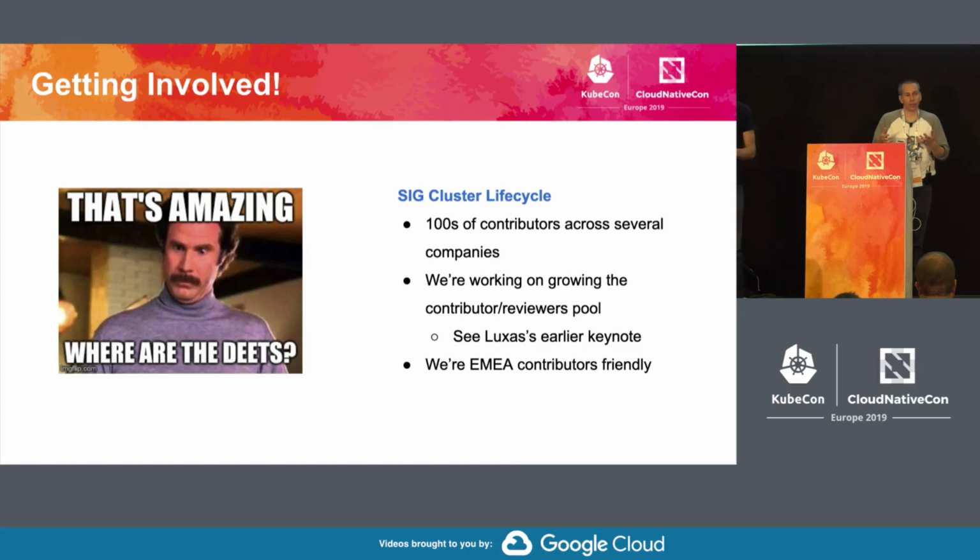If you show up and help out, we will absolutely promote you to be a member, a reviewer, or an approver, depending upon where your level is at. The SIG chairs and approvers often go through this every single cycle and have a conversation about it. And there's a bunch of EMEA contributors who are very active, so there are definitely people in your local time zones to help you out.